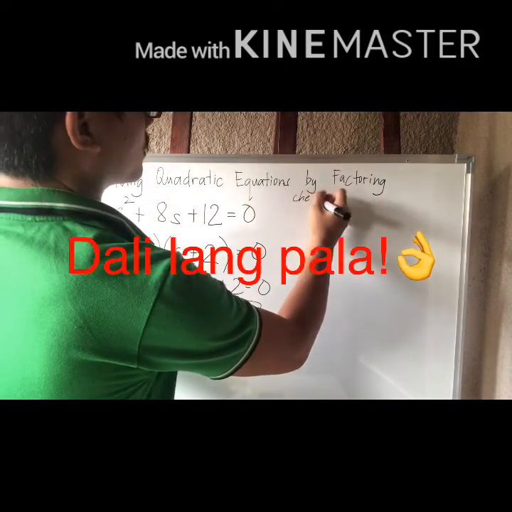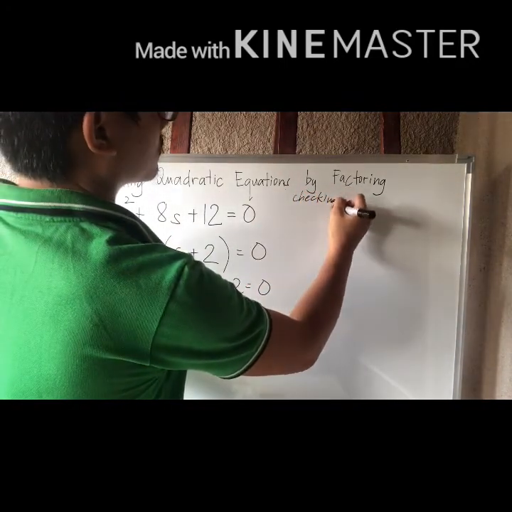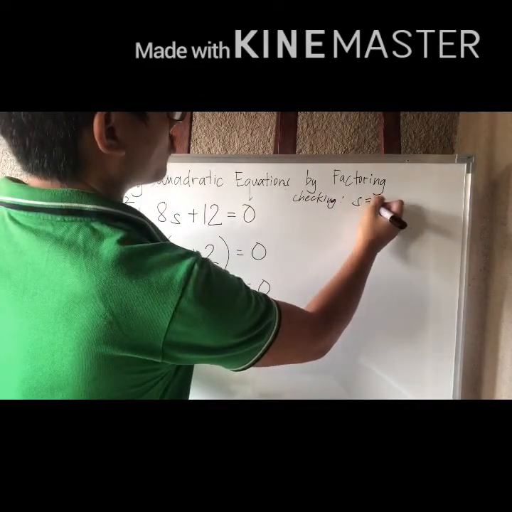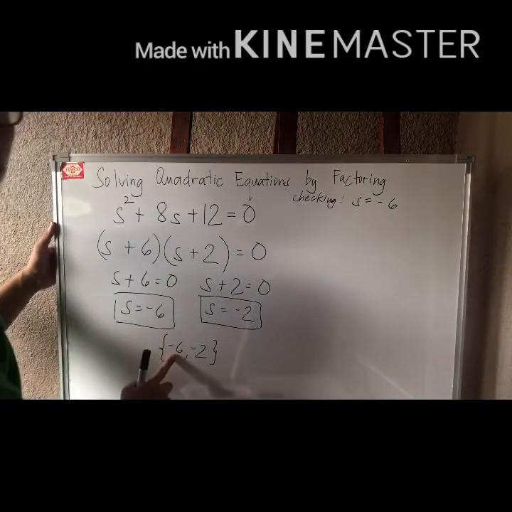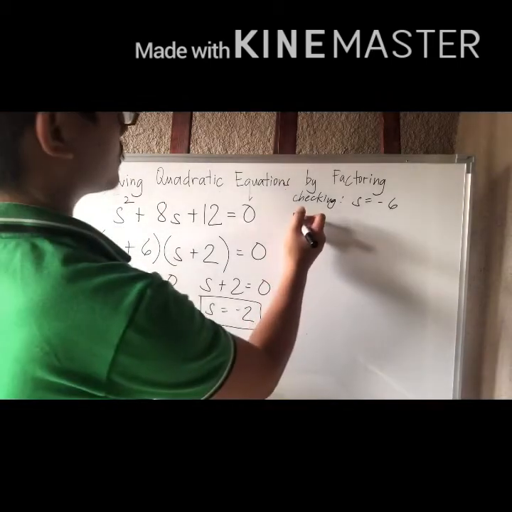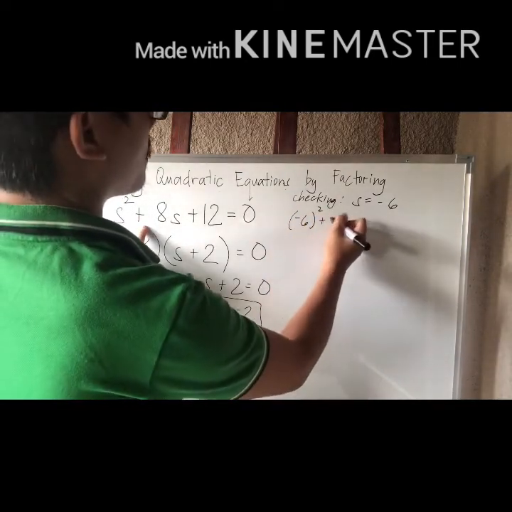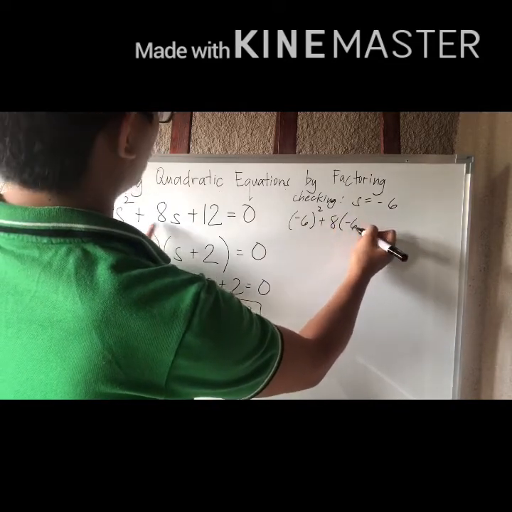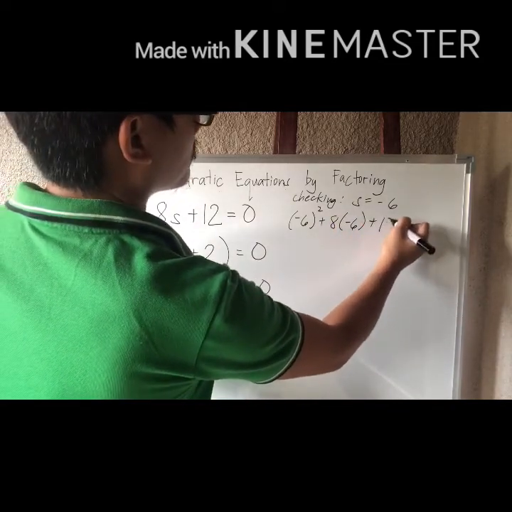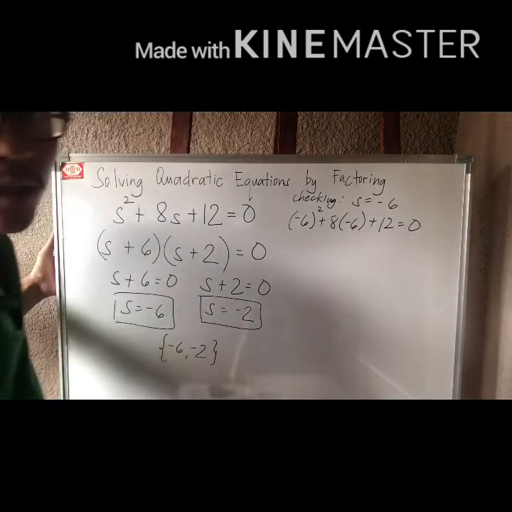Let's say negative 6. Let us check. Let's say s equals negative 6. Start with negative 6. So that is negative 6 squared plus 8 times negative 6 plus 12 equals 0.